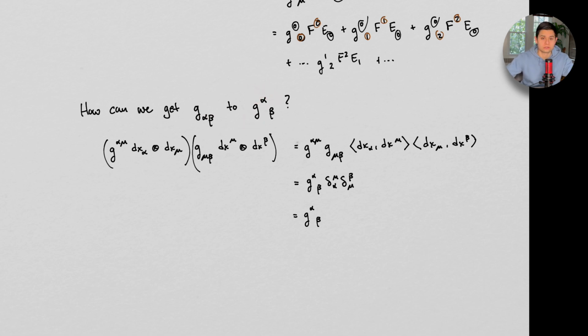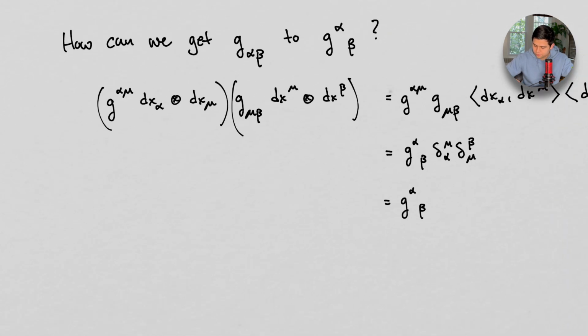Well, you just use the metric, right? But you have to use upper indices on the metric such that G alpha mu, G alpha mu equals n, where we live in an n-dimensional space, right?